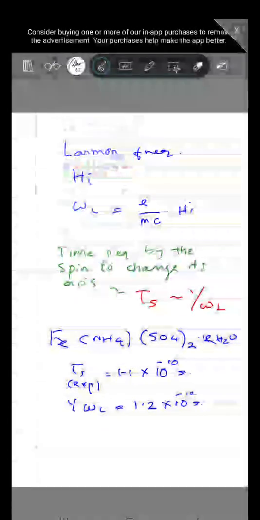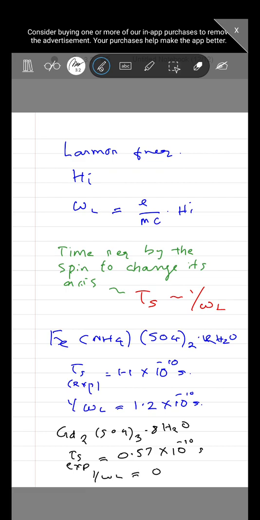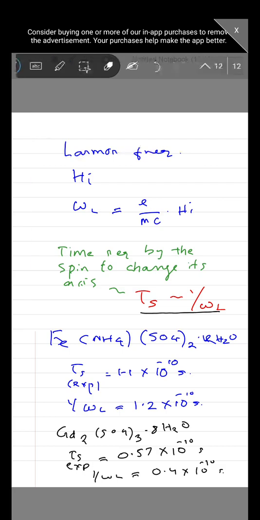Similarly, for gadolinium sulfate, Gd2(SO4)3 8H2O, the value of Ts experimental was 0.57 into 10 to the power minus 10 seconds, and with respect to the inverse of the Larmor precession frequency, it was 0.4 into 10 to the power minus 10 seconds. So it shows that it actually follows this relation 1 by omega L. We'll take up NMR in our next class.